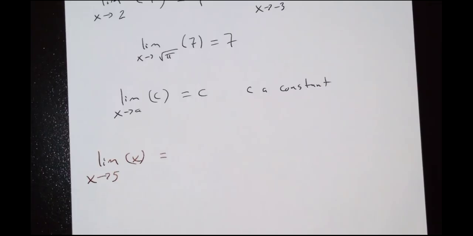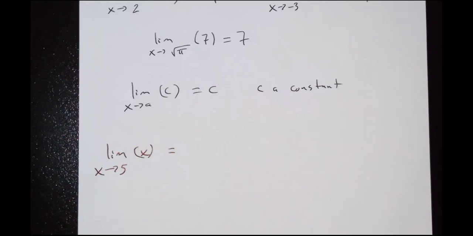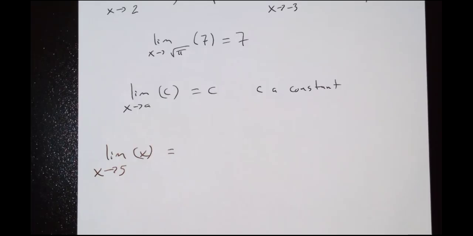Now let's think about the function y equals x. Even though I don't think of this graphically, I am asking what happens to x as x gets closer and closer to 5. Wait a second. I'm telling you x is getting closer and closer to 5.